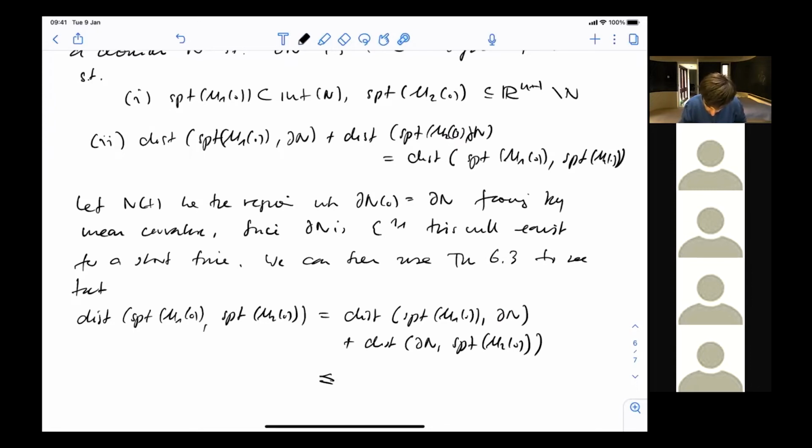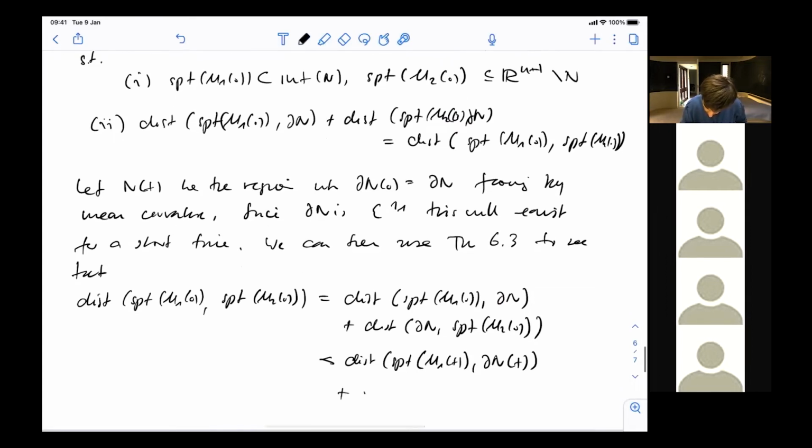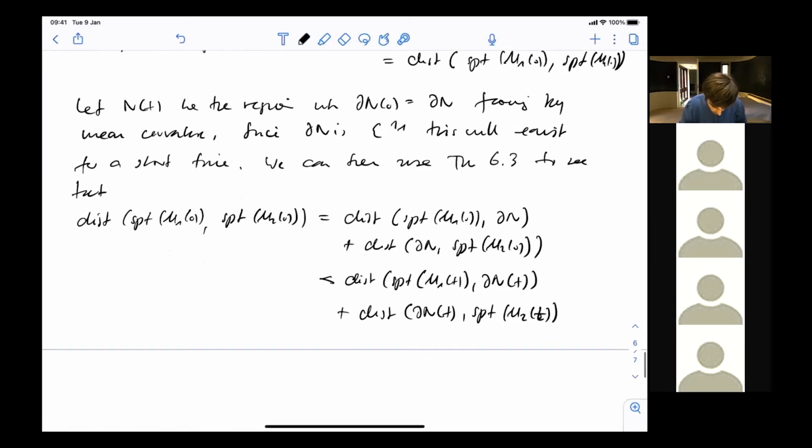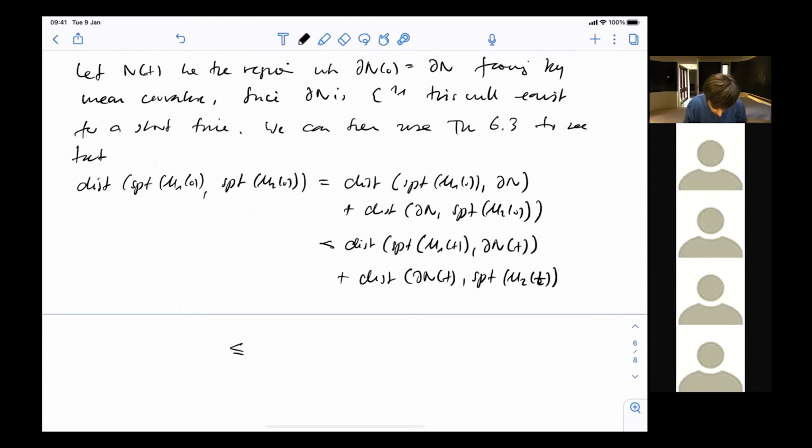This is less or equal, or even strictly now, huh? It's bigger than the distance of the support of M1 at t to ∂N at t, plus the distance of ∂N at t to the support of M2 at t. Okay, and sure, this is less or equal to the distance of the support of M1 at t to the support of M2 at t. Okay, for t positive.